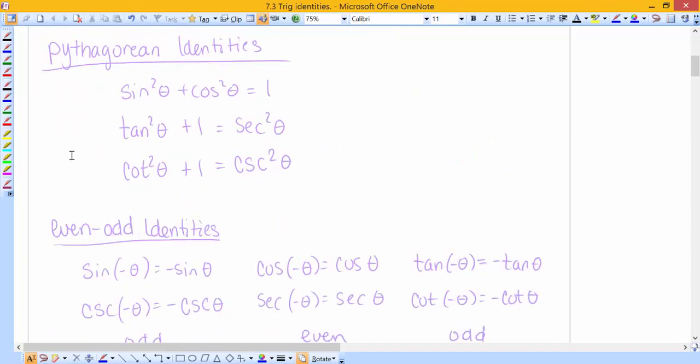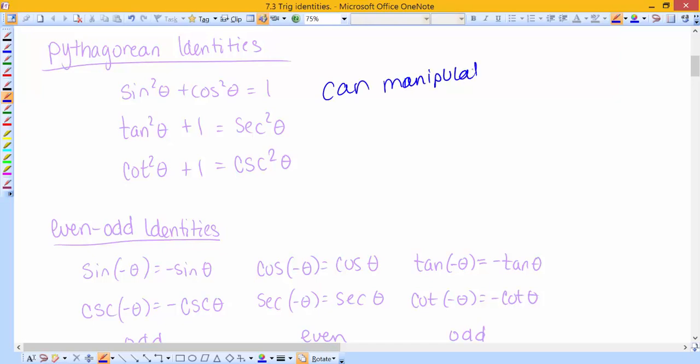We have the Pythagorean identities, but remember, you can manipulate these, meaning you can move things around. If I want this first one to equal sine, I would subtract cosine squared, and then I would square root. Here it's already secant squared, maybe I just need a square root.